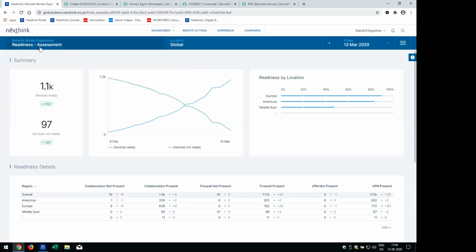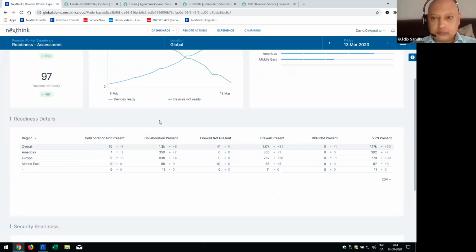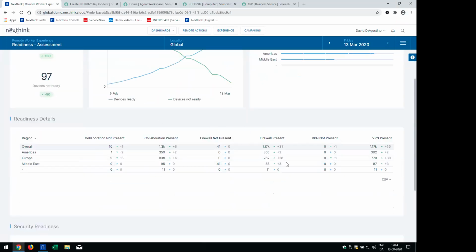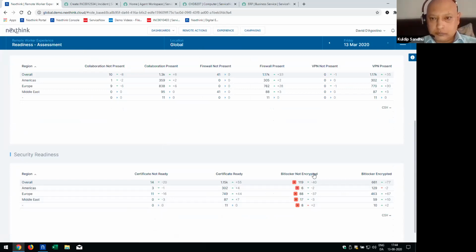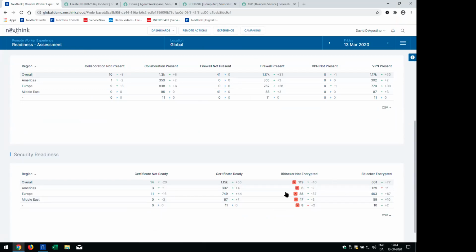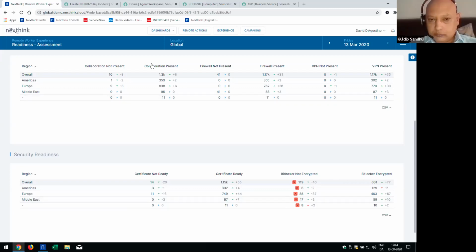So we can see here we've got our readiness assessment, and before we send everyone out the door, we can make sure that people have got the right firewall technologies installed, they've got their VPNs installed properly, that they're compliant, and we can even see where we need to focus on machines that need to be upgraded before we can allow them to be worked from home.